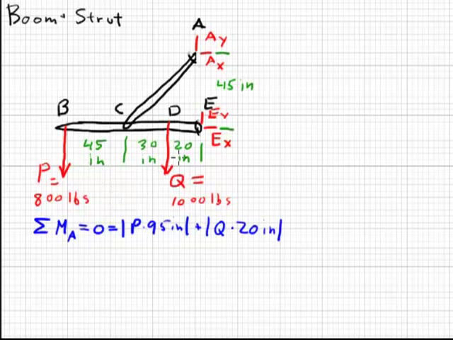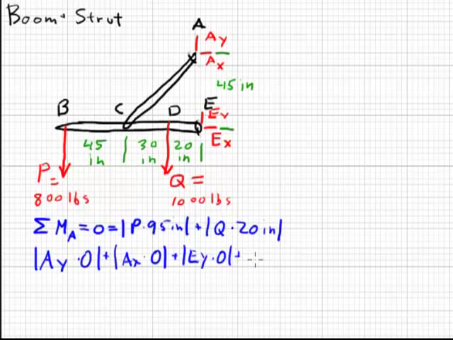Now for the other forces. AY, as we said, will be multiplied by 0 inches. AX multiplied by 0 inches. EY times 0 inches.